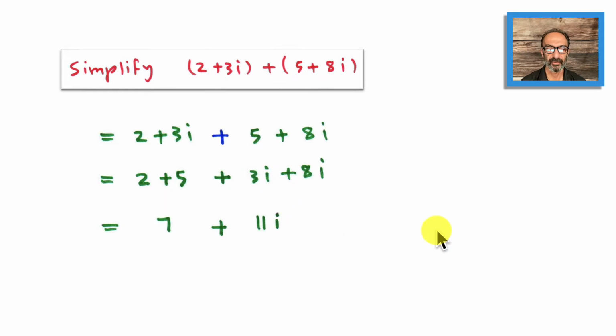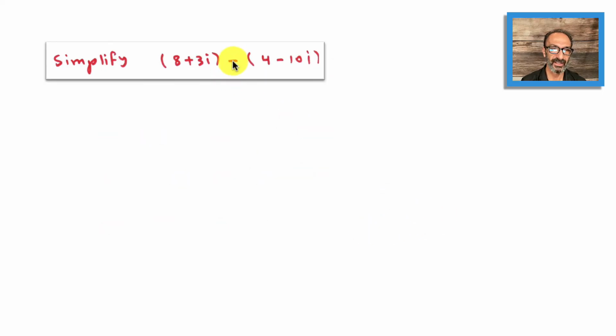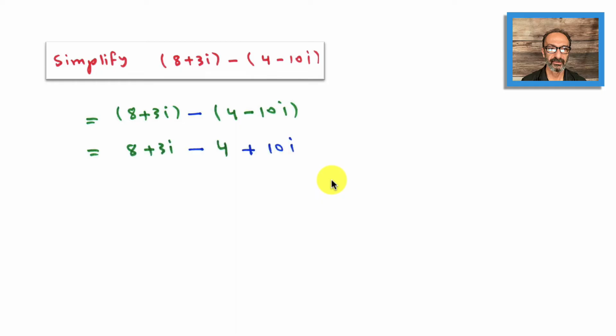That's a quick example. How about if you subtract? When you subtract, you have to be careful with the minus sign and distribute it to both terms. So here's a minus. Applying it is going to be -4, and the subtraction of 10i will be plus 10i.